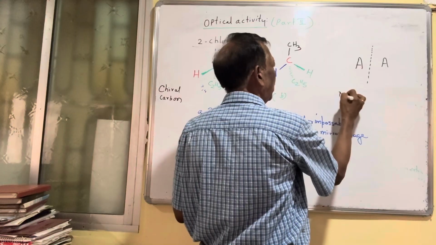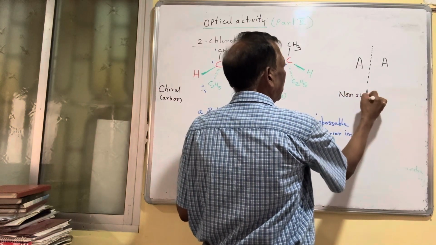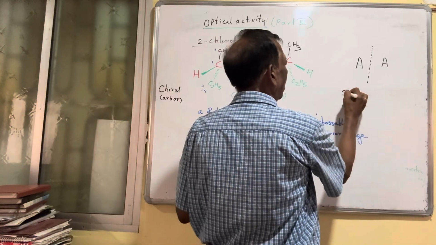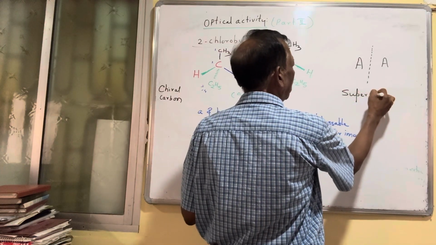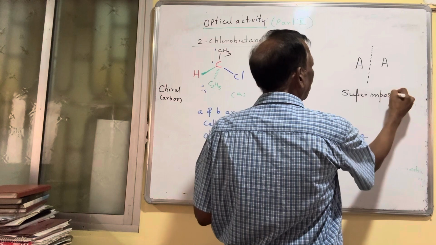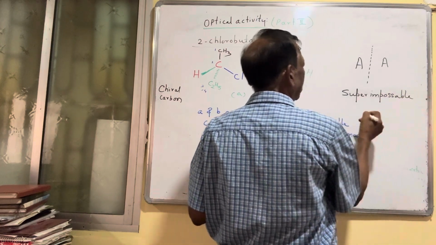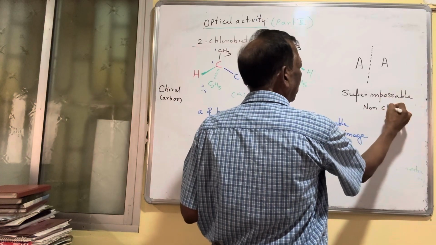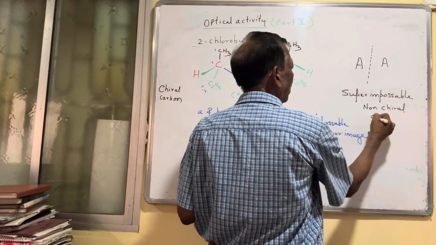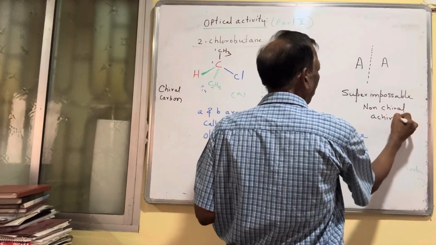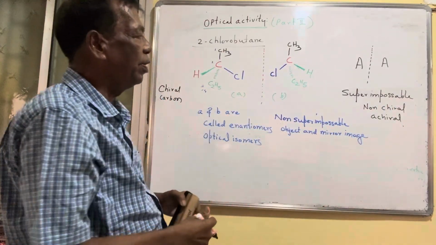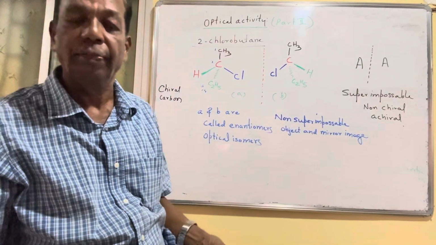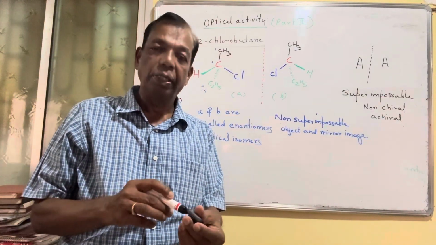See, this is superimposable. So this is called non-chiral, or what is also called achiral. This is called a chiral carbon, in this case carbon. Here there is no chiral carbon. So just to get the idea of what is called chiral and achiral.